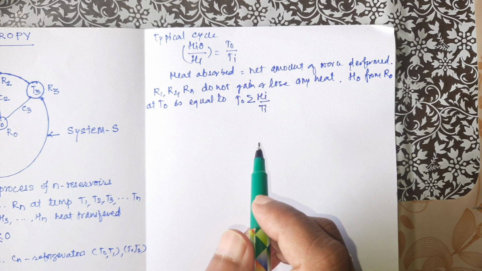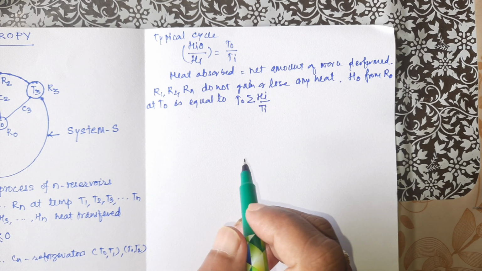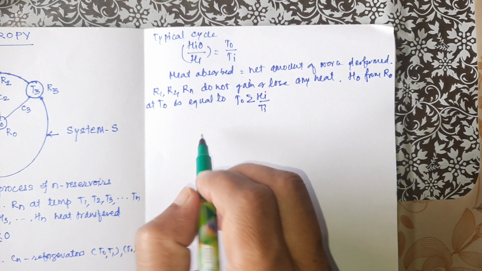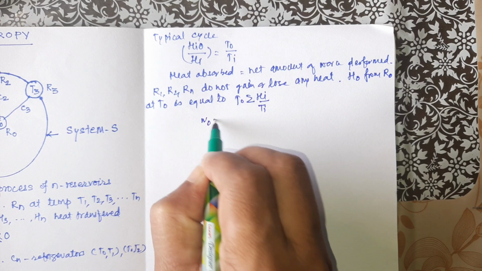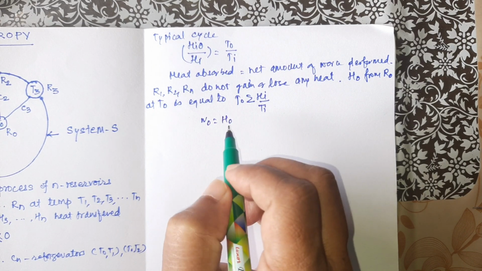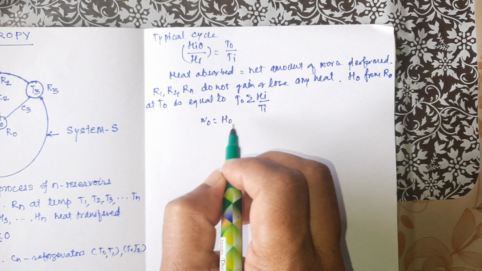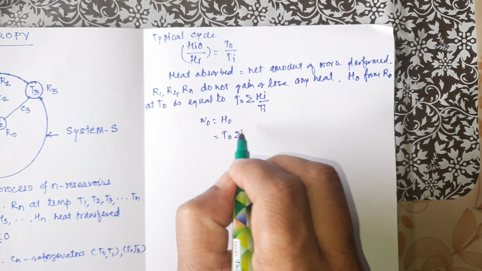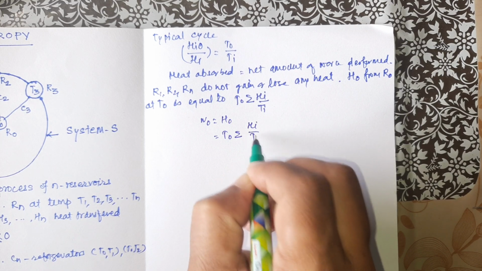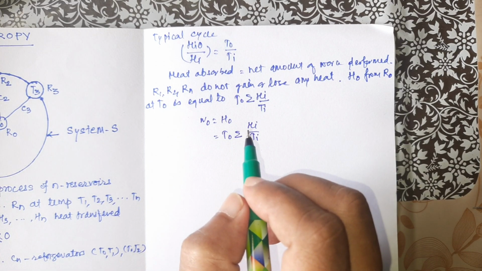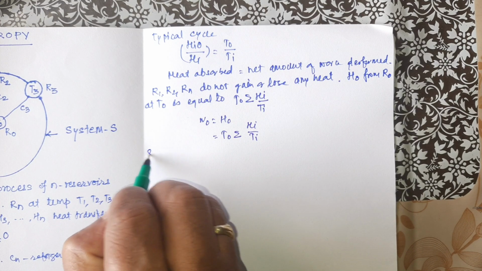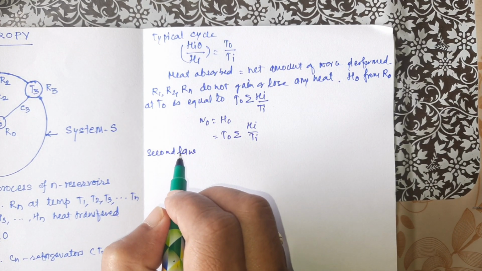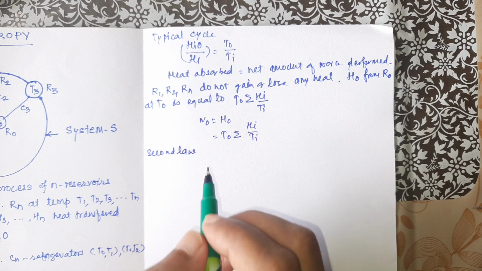So the second law of thermodynamics gives the condition under which heat can be converted into work. So we can write W0 is equal to H0, and H0 means T0 summation of Hi upon Ti. Now according to the second law, this quantity should be less than or equal to 0.